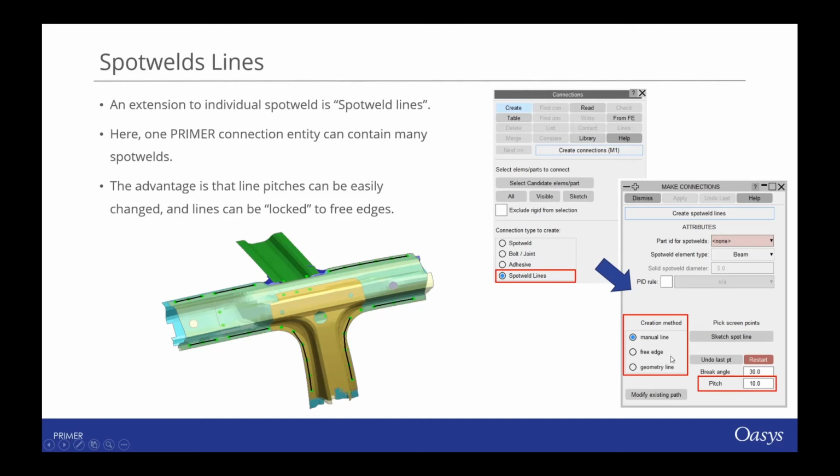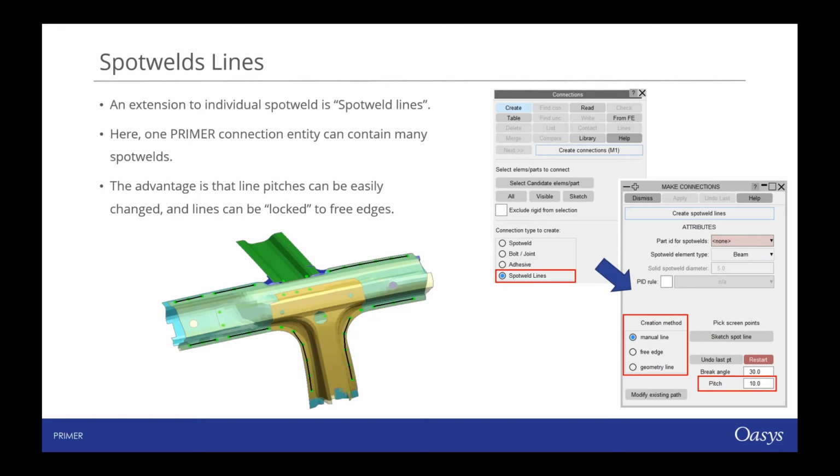You could choose free edge, so it will look through the model and associate a free edge to create the spot welds about, or a specific geometry line within the model. The advantage to this is that when you create the line, you can define the pitch about which the spot welds are created, and then these can be easily changed at a later point.